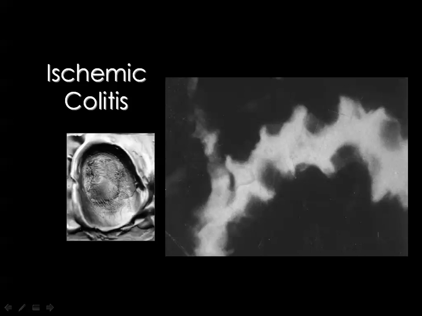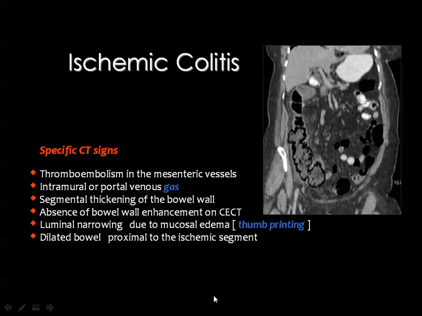ischemia. And you remember that thumbprinting is seen in other diseases of the colon, like pseudomembranous colitis, but you should remember that for the diagnosis of ischemia, you should have positive clinical and radiological data of compromise of the blood supply.